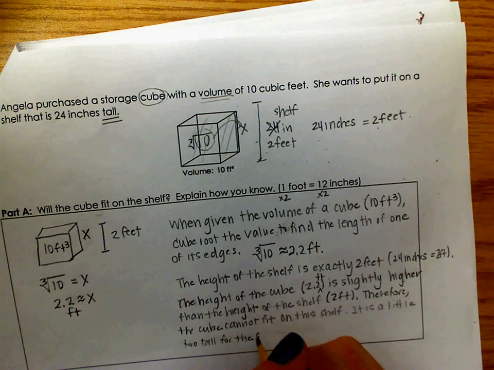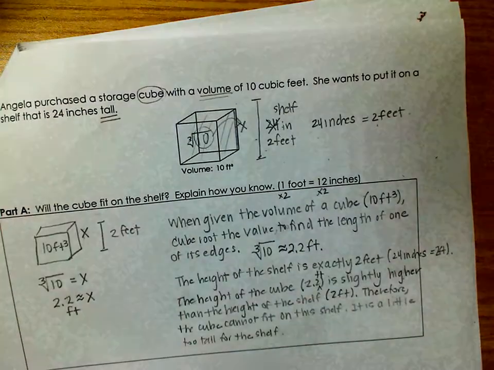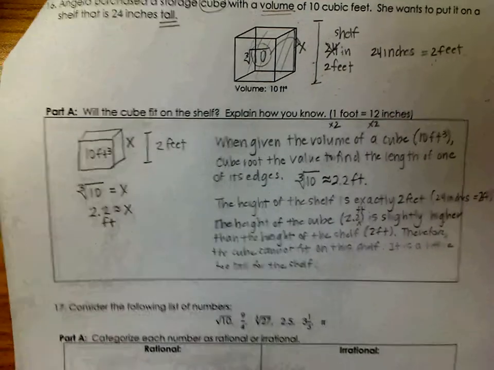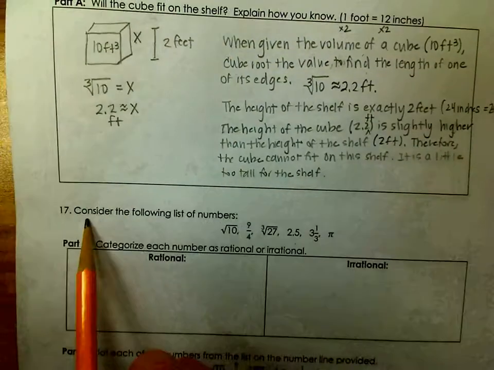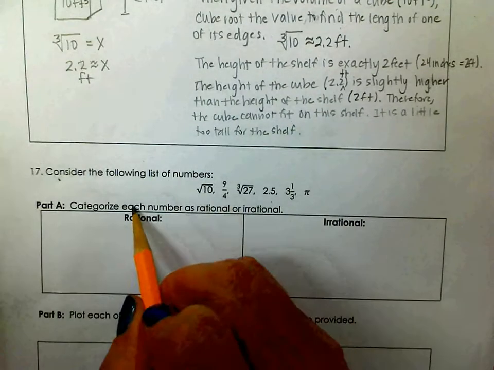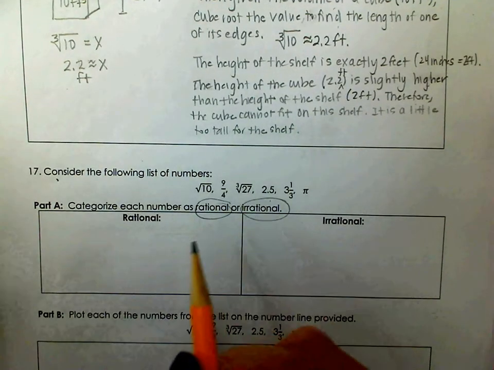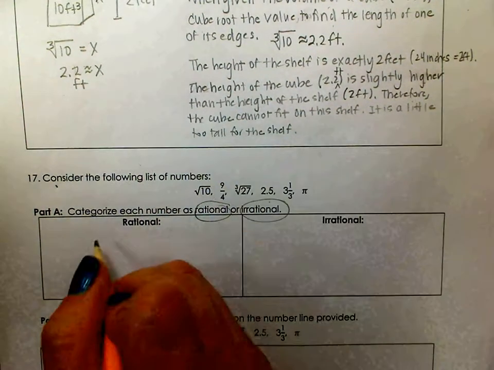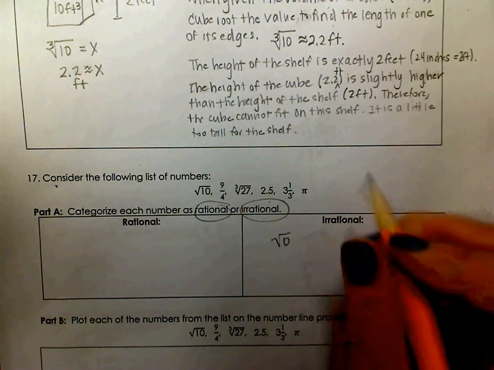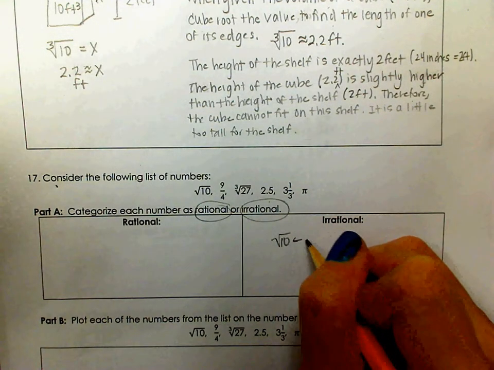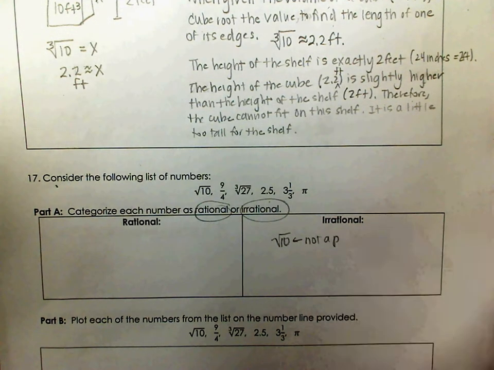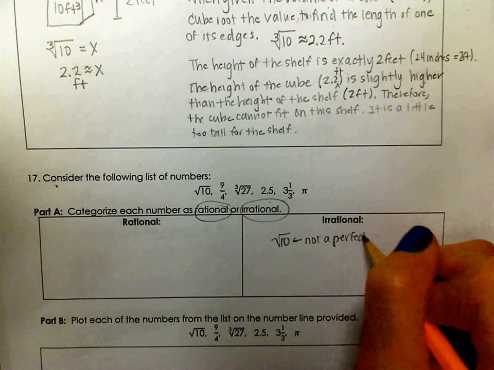Okay. All right. Part B, or not, I'm sorry. Consider the following list of numbers. Categorize each number as rational or irrational. Okay, well, square root of 10 is irrational because it's not a perfect square.